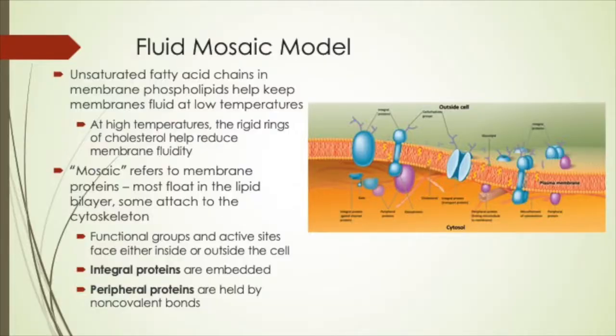Cell adhesion proteins. These bind cells together by recognizing receptors or other chemicals on other cells. So these will bind two cells together depending on what the other cell is doing on the other side. The fluid mosaic model.